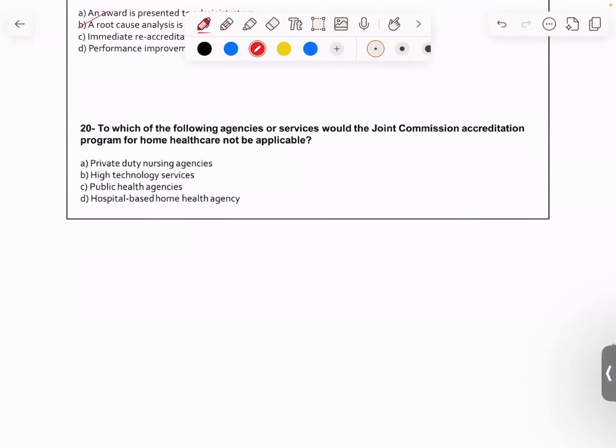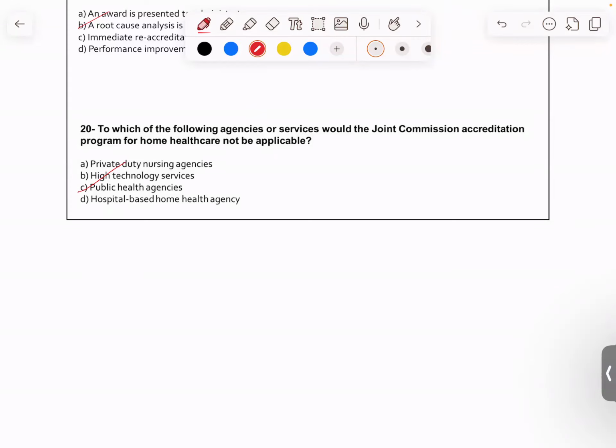Okay, number 20. To which of the following agencies would the JCI accreditation program for home healthcare not be applicable? A, private duty nursing agencies; B, high technology services; C, public health agencies; and D, hospital-based home health agency. C, public health agencies. Yes, that's the correct answer.